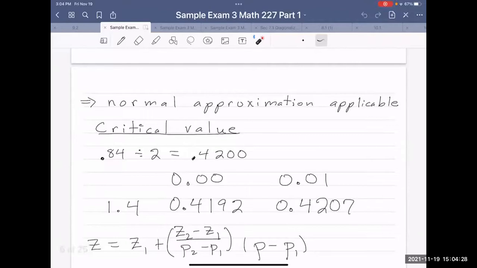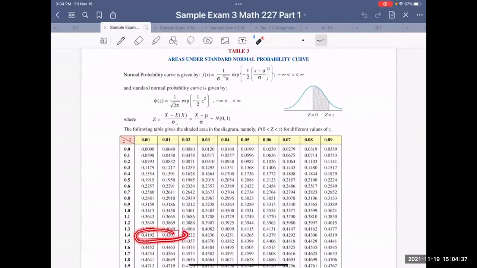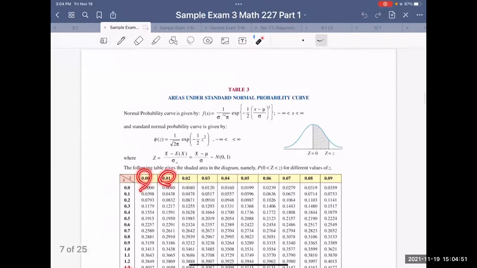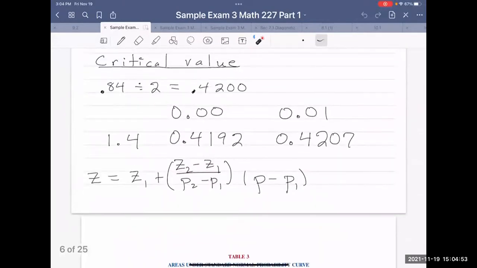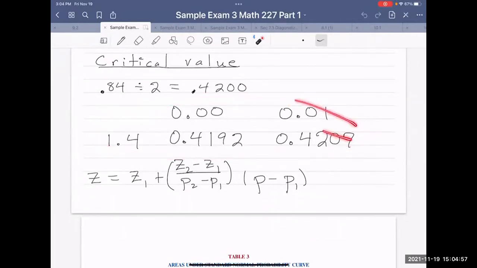Well, 0.84 divided by 2 is 0.4200, which is between 0.4192 and 0.4207 at 1.40 and 1.41. I'll just rewrite what I had from the table.